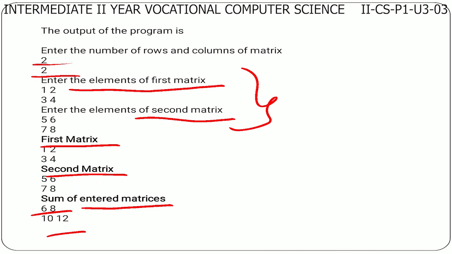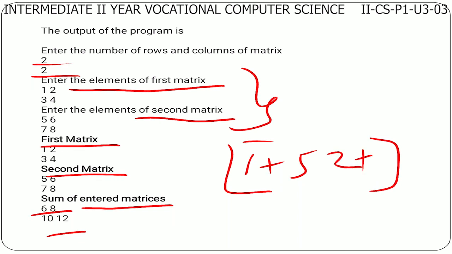Then how is the sum printed? See, the matrices we have are 1, 2, 3, 4 and 5, 6, 7, 8. While doing the sum, the first element in the first matrix is 1, the first element in the second matrix is 5, so 1 plus 5. The same thing: the second element in the first matrix is 2, so 2 plus the second element 6.